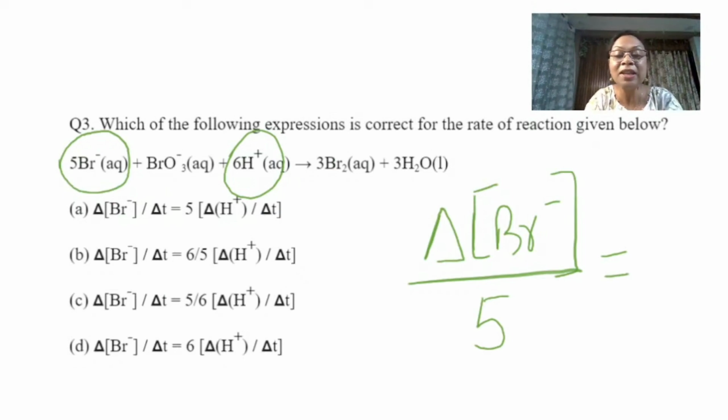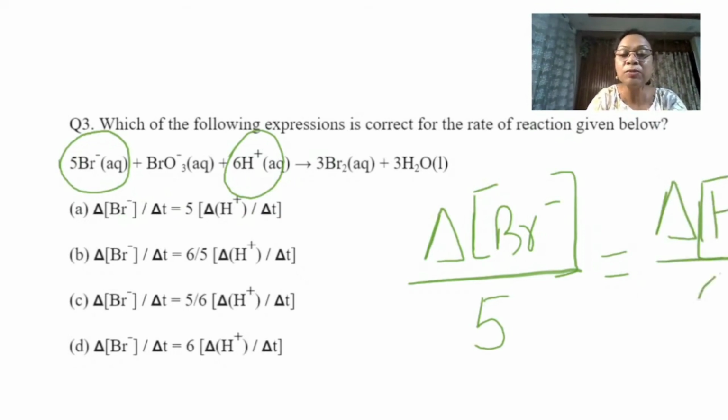Let us see the next one: the change in concentration of H plus is 6 times, so it has to be divided by 6 to reduce the stoichiometric coefficient to 1. So let us look if something is there.